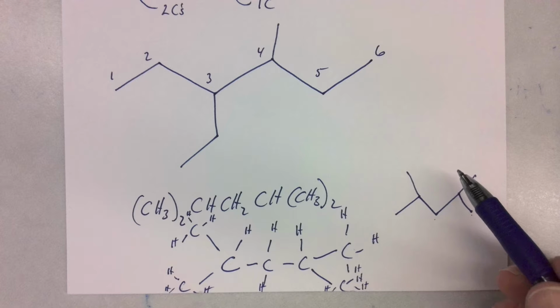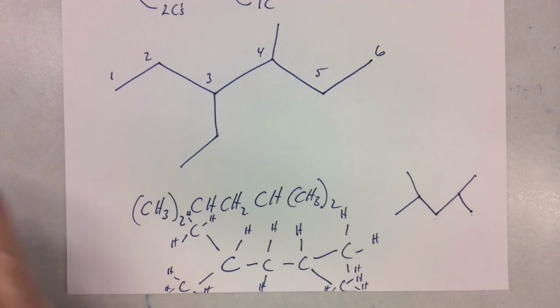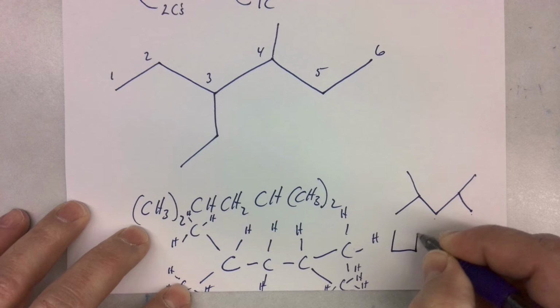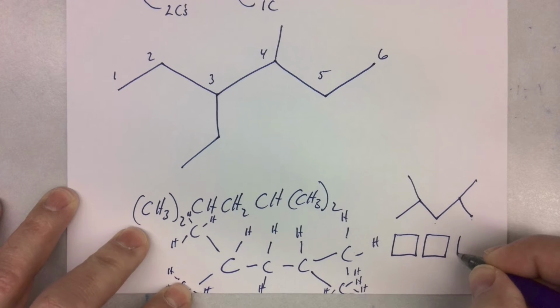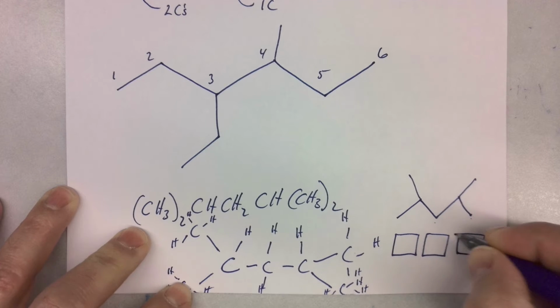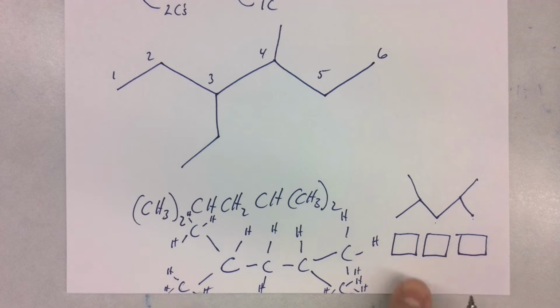So we're down here. Let me zoom out on this again. So this has 1, 2, 3 boxes, right? In the first box is going to be my numbers. Well, where are those branches going to happen at? 2, 4.